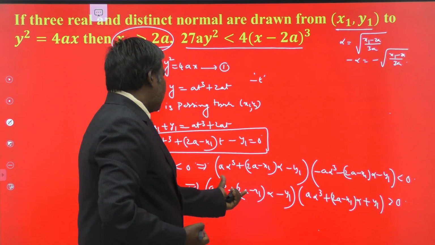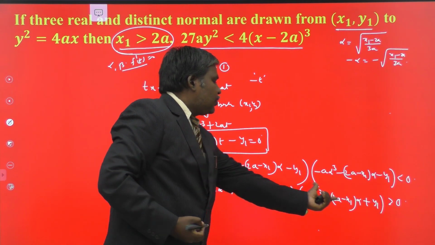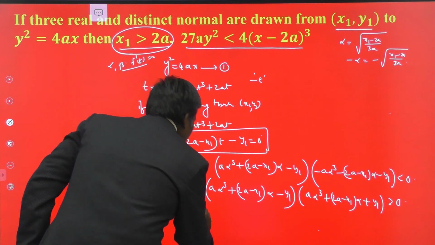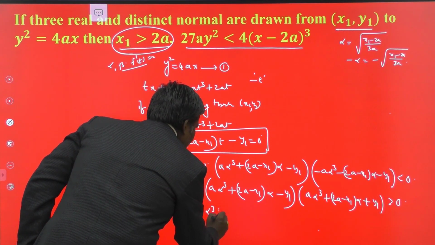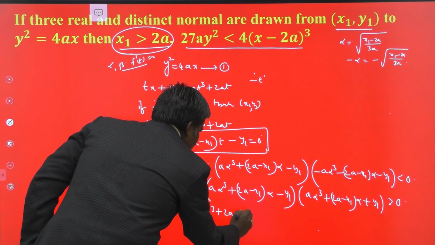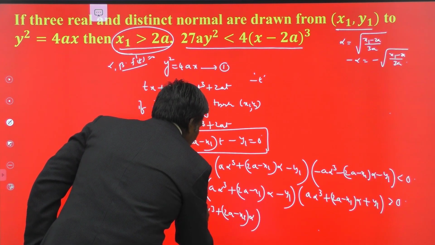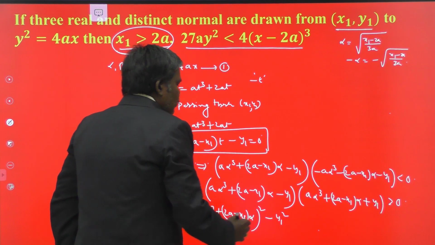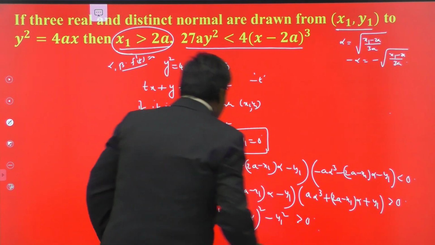Now my dears, what is of the form? A minus b into a plus b. That means a square minus b square. So a alpha cube plus 2a minus x1 into alpha whole square minus y1 square should be greater than 0.